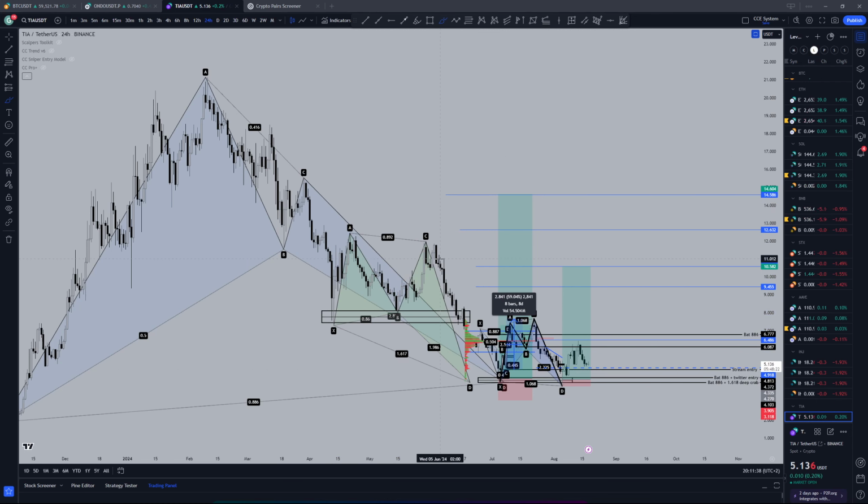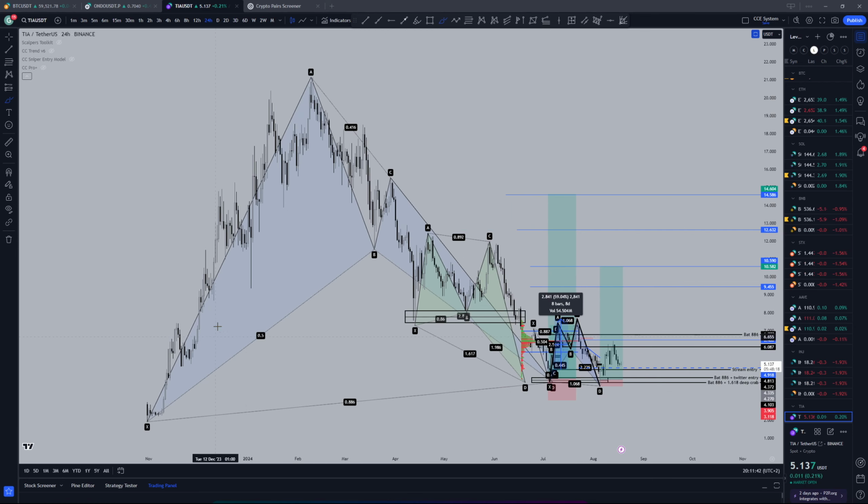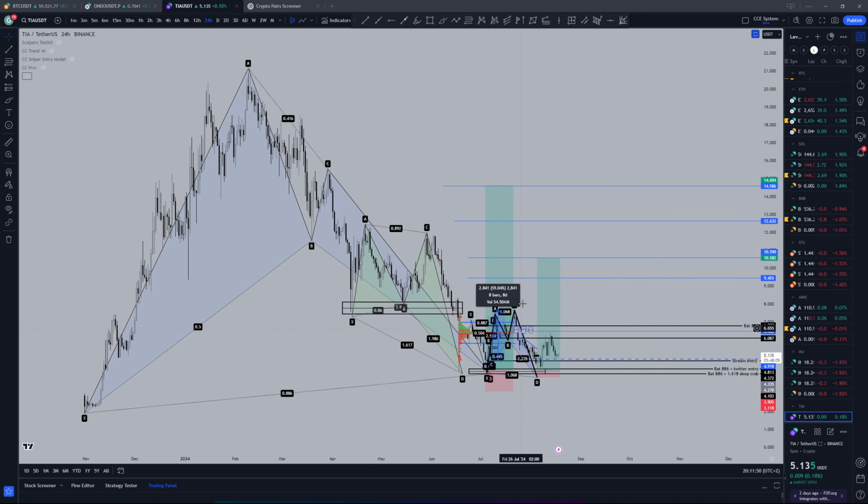Most of these new coins, if they were to keep the hype going, because TIA has a lot of hype, right? It is kind of taking that down, but this is still the same coin as it was at $20. So to keep that hype going, most of these coins start forming bats, Gartleys, or sharks usually. And then on the way down, I would also look for some kind of smaller time frame harmonics for continuation.